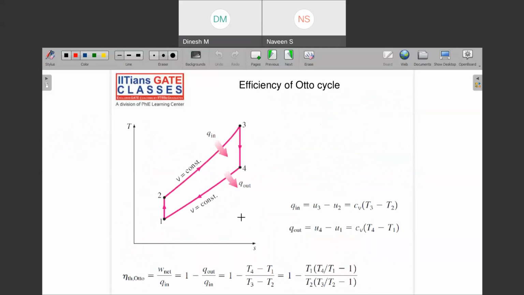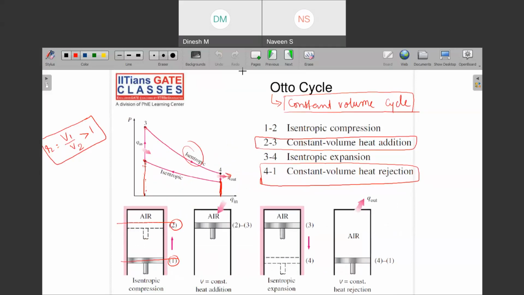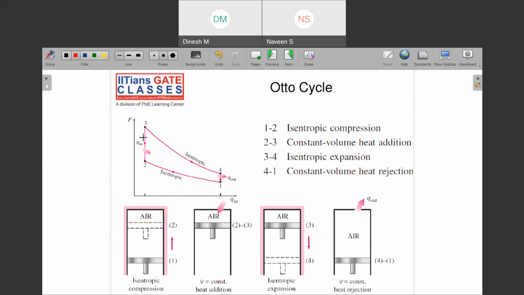Now let us find out the efficiency of the Otto cycle. Here we have drawn the cycle on which axis? This is pressure and this is volume axis, so on the PV axis. You should keep the diagram in your mind, because sometimes they would ask which of the following shows the Otto cycle.